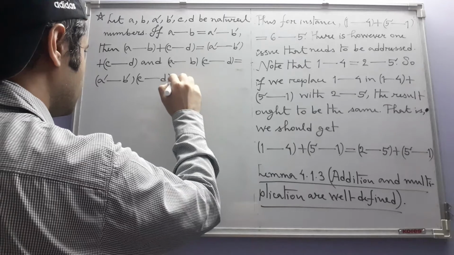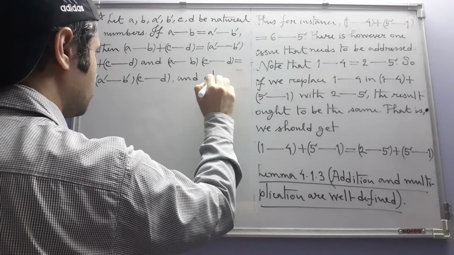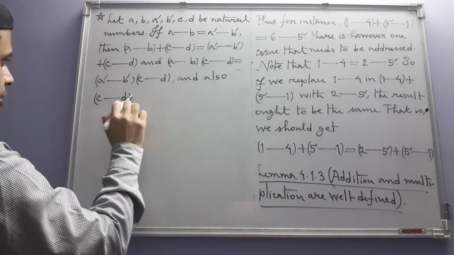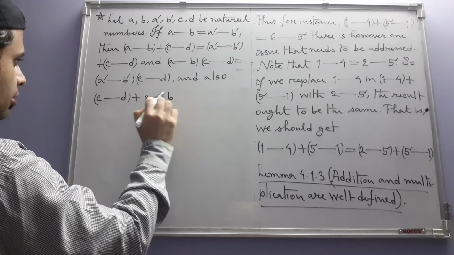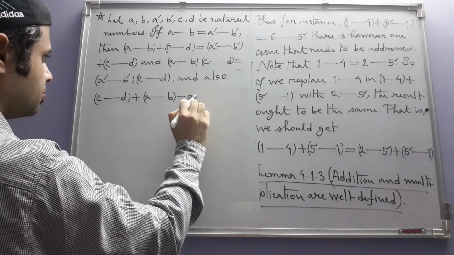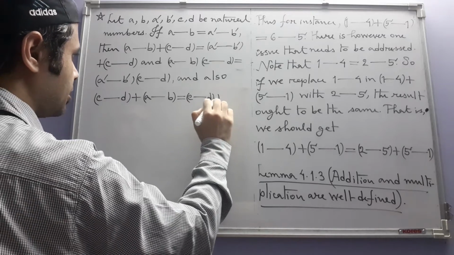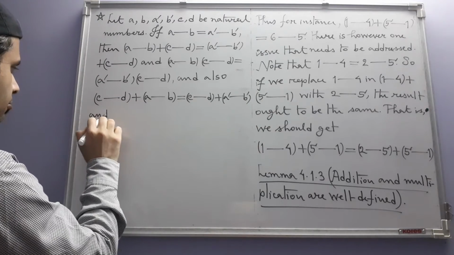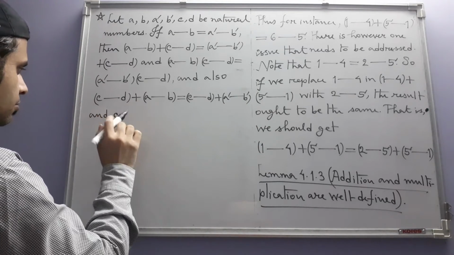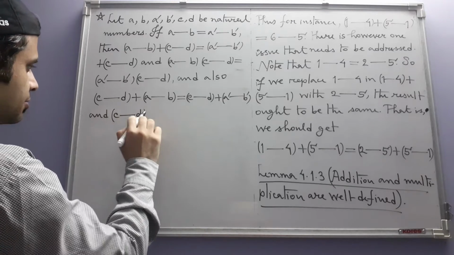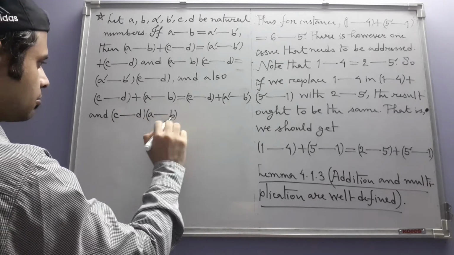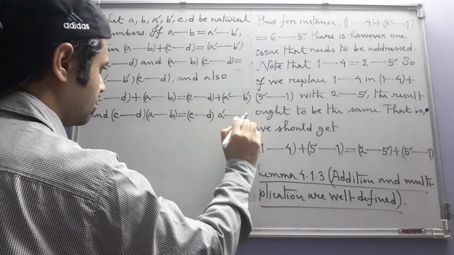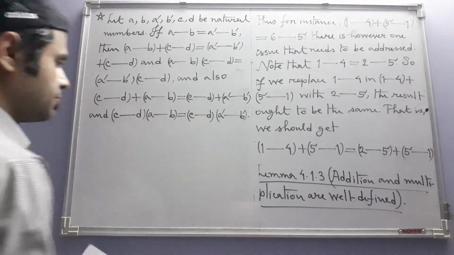And also c dash d plus a dash b will be equal to c dash d plus a prime dash b prime, and c dash d times a dash b should be equal to c dash d times a prime dash b prime.